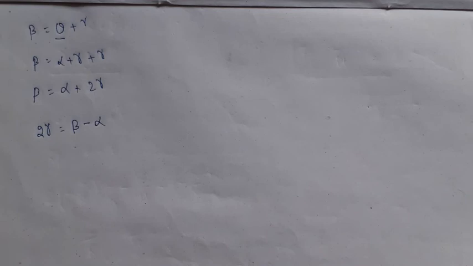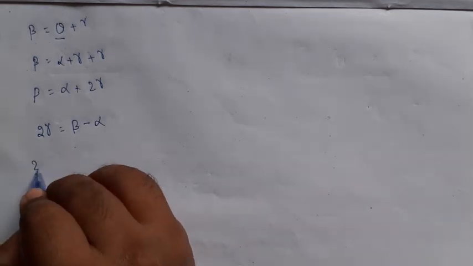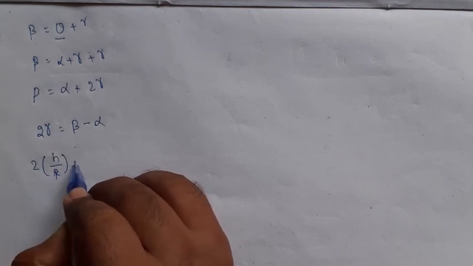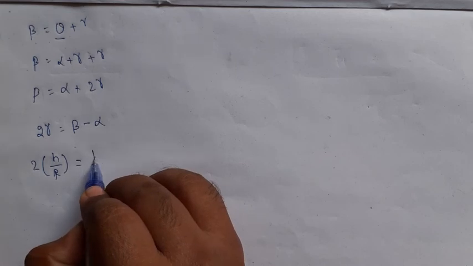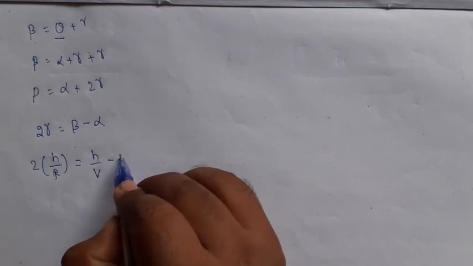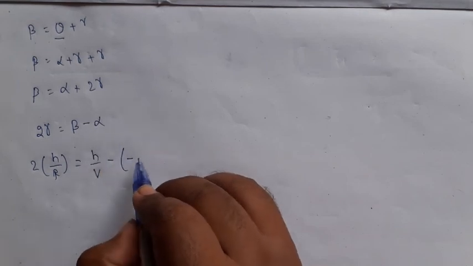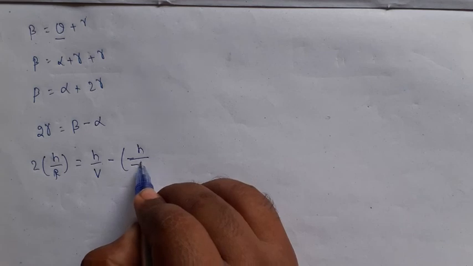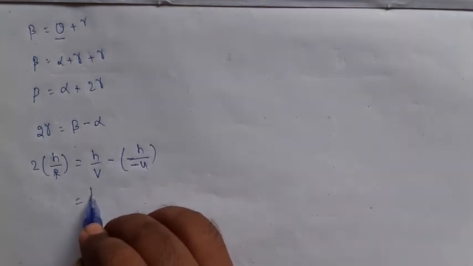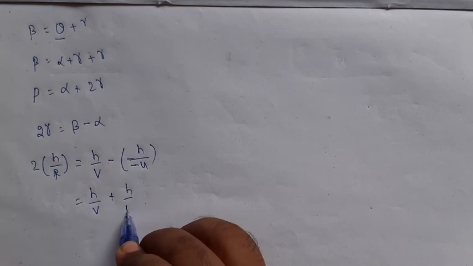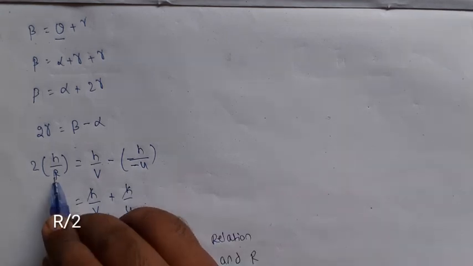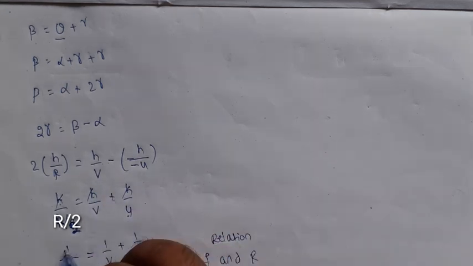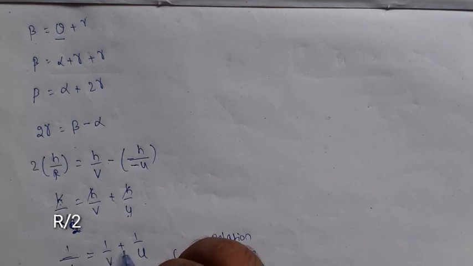Substituting the alpha, beta, gamma values: 2 into h by r equals h by v minus h by minus u. Minus minus gives plus, so 2h by r equals h by v plus h by u. So 2 by r equals 1 by v plus 1 by u.